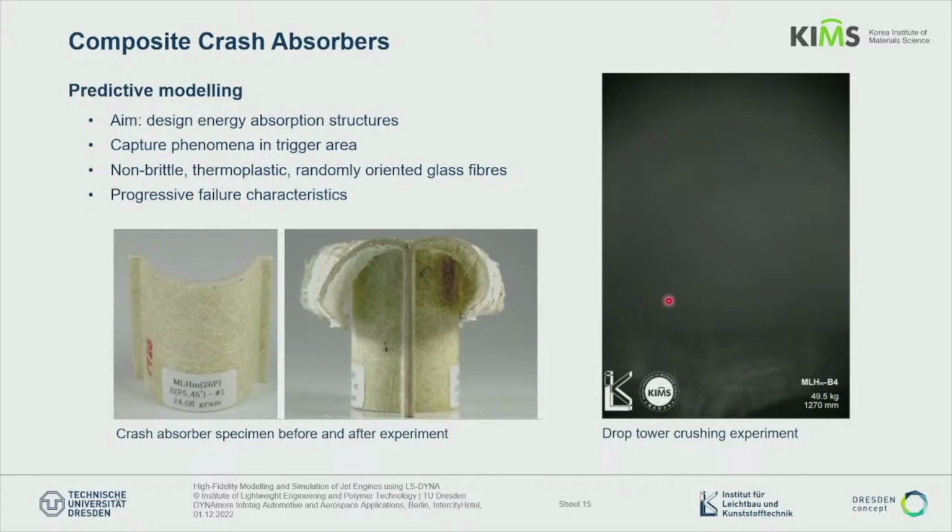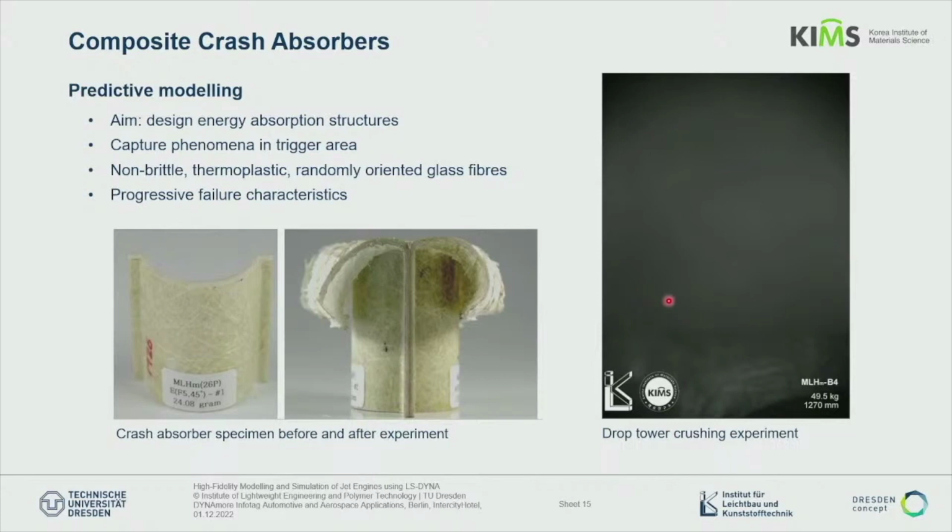However, if you want to do this in a design process, you need to be able to vary certain geometry aspects, especially the trigger angle, maybe the layer setup, diameters and so on. So you don't want to have tests beforehand, but you want to do predictive modeling to be able to design your process parameters and your design space.